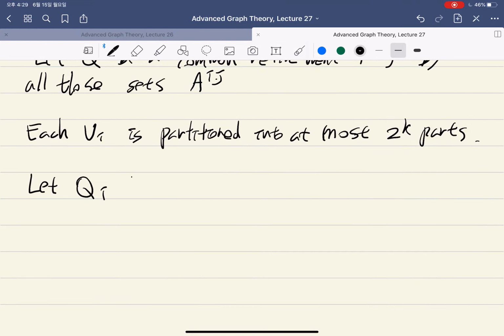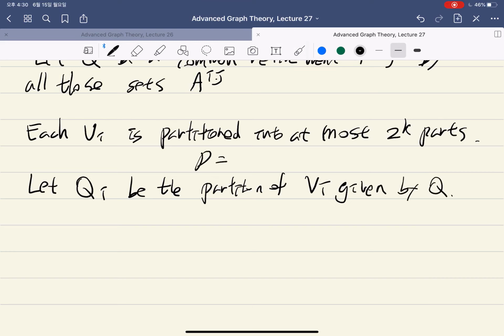And let Qi be the partition of Vi given by Q, where P is say V1 to Vk. Yeah, we already have said that.